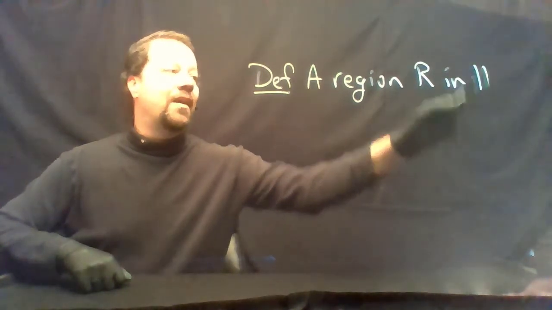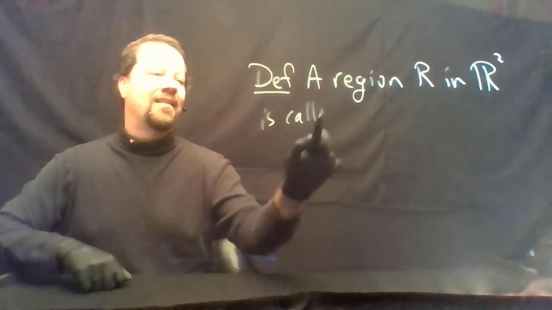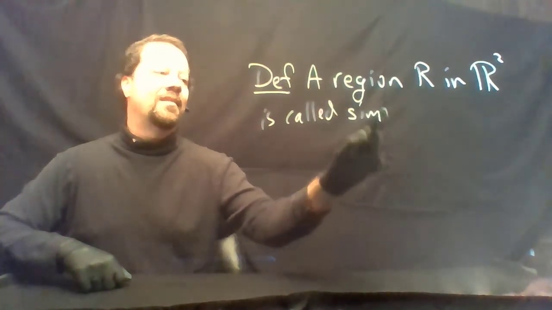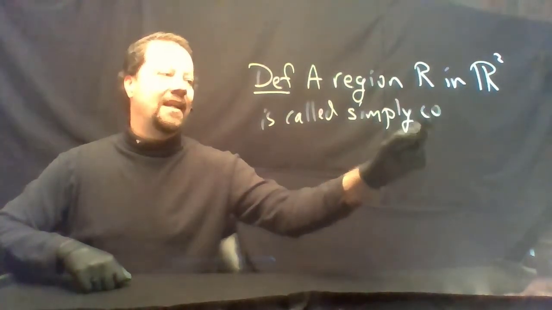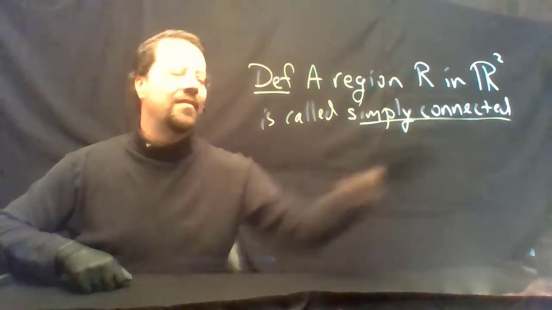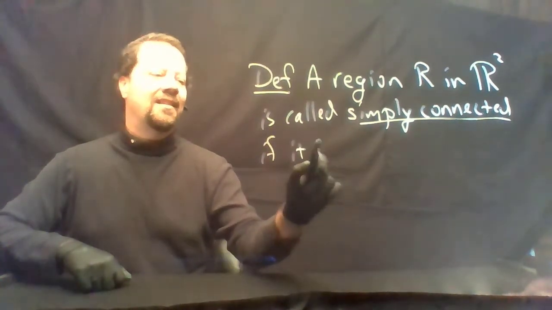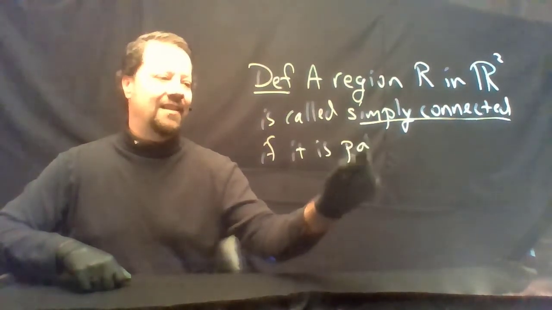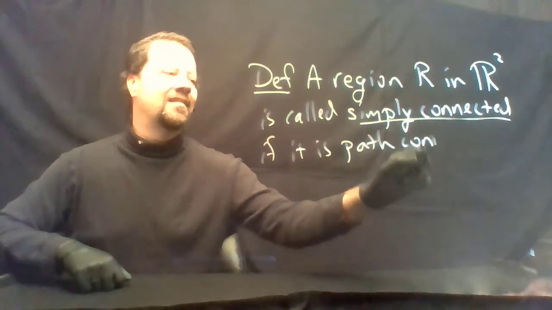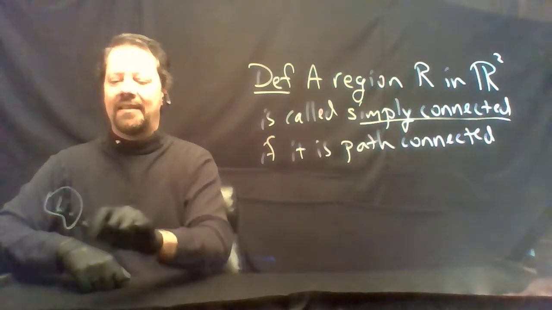The region R in the plane R2 is called simply connected if first it is path connected. So it can't be like this.